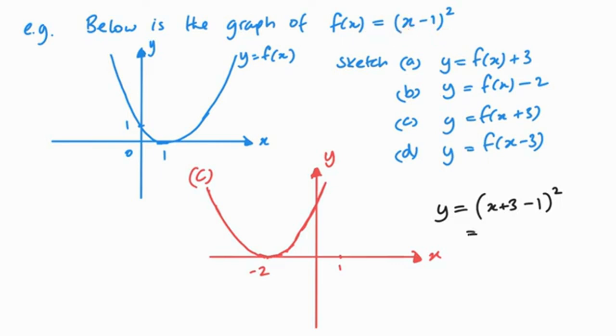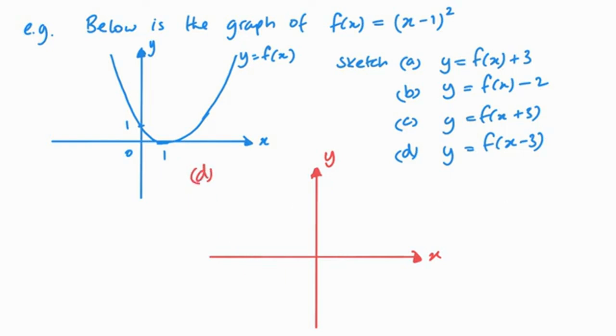This will then give me x plus 2 squared, which is what the graph is that we have drawn, and I can quite clearly see then that this value here is going to be 4. Okay, that's the constant from the 2 times 2, or if I expanded this bracket.